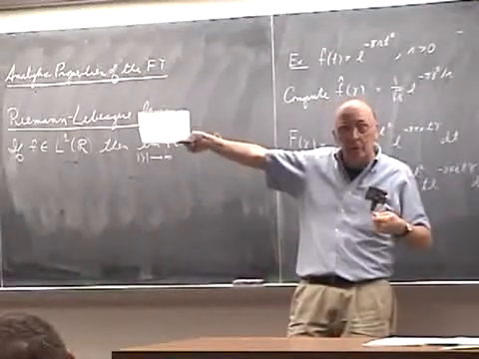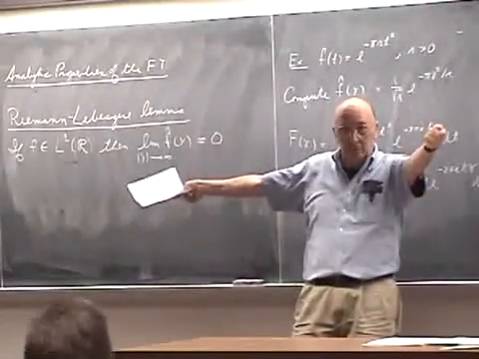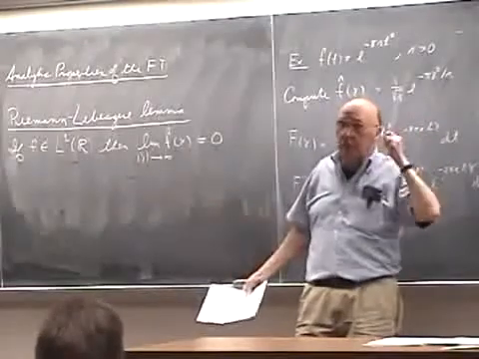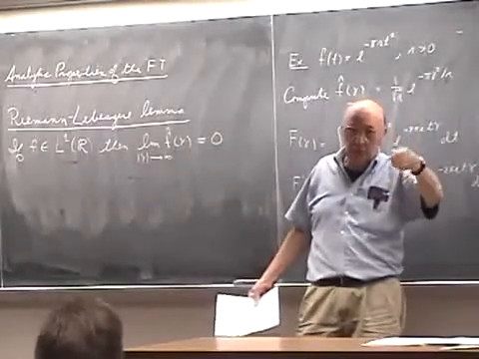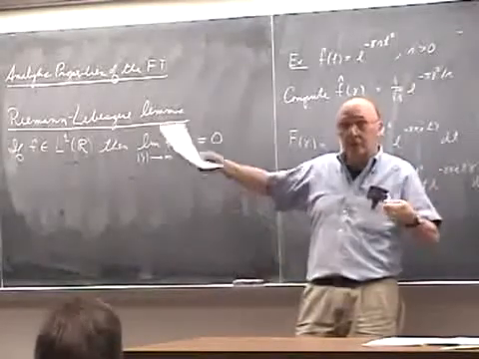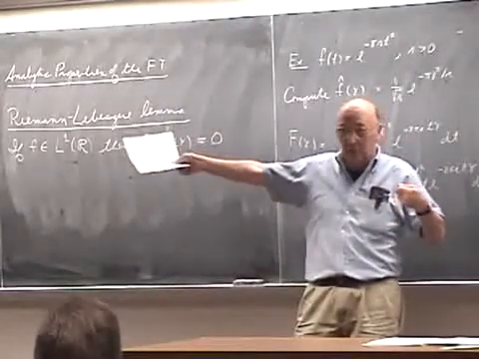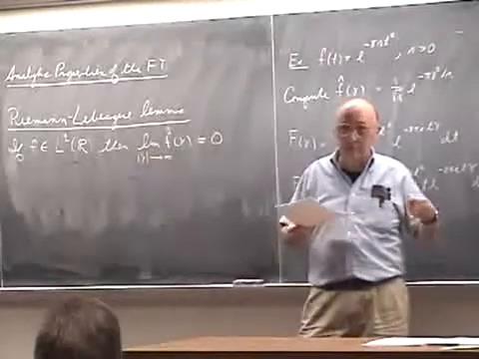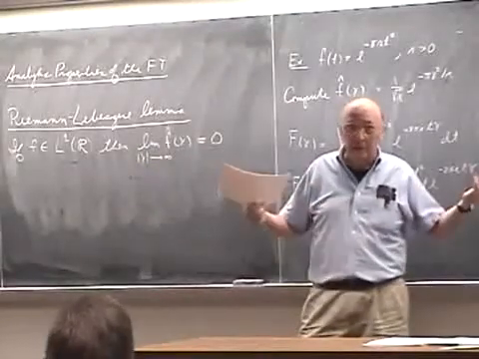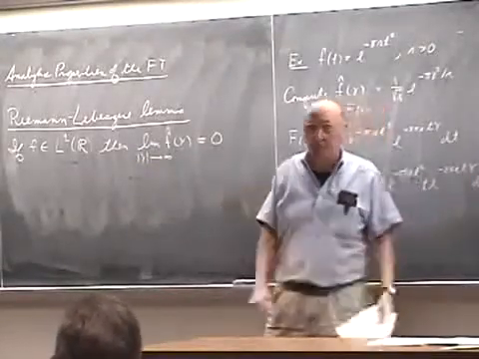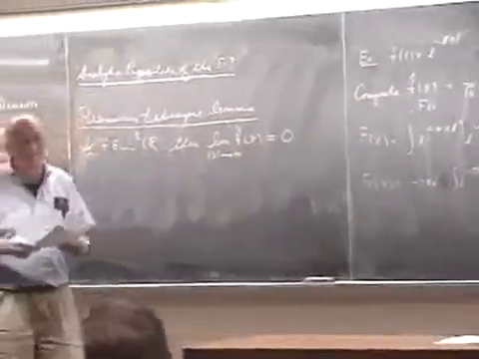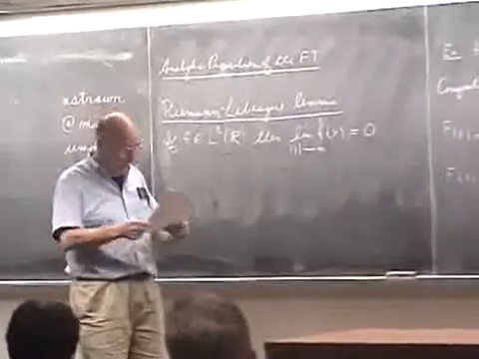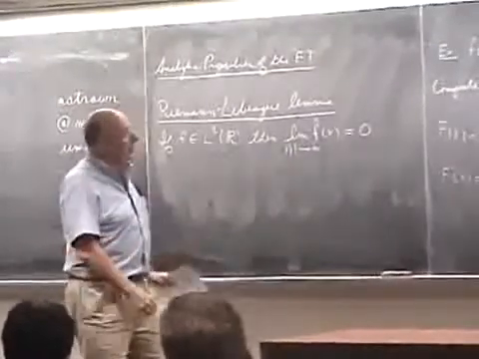Is there an L1 function whose Fourier transform is equal to that? Can I intrinsically look at that function, which is continuous and vanishes at infinity, and say it is the Fourier transform of an L1 function? The answer to that is nothing. Needless to say, people have tried to solve it, but that doesn't mean it can't be solved. Okay, that's the Riemann-Lebesgue lemma.